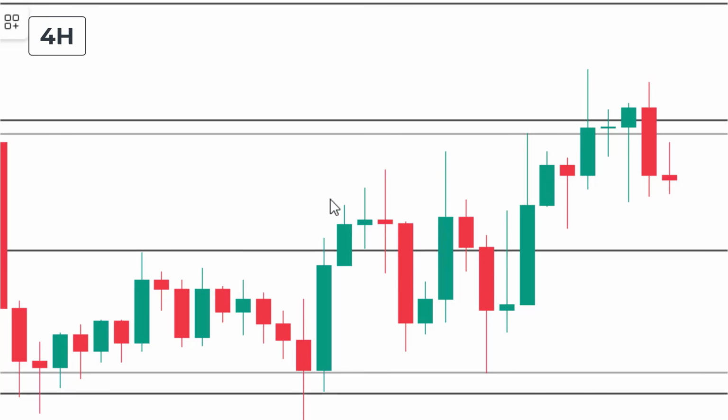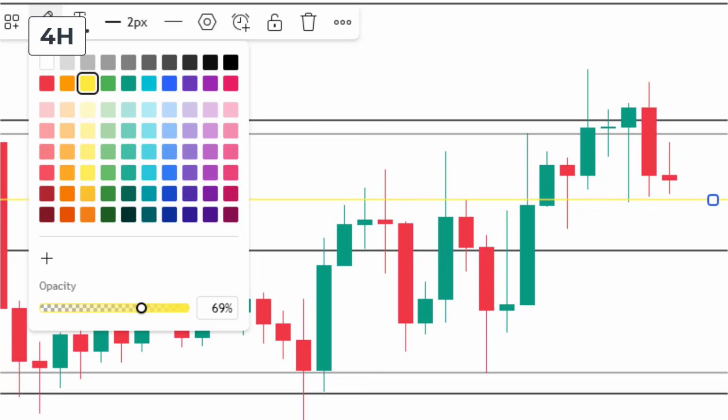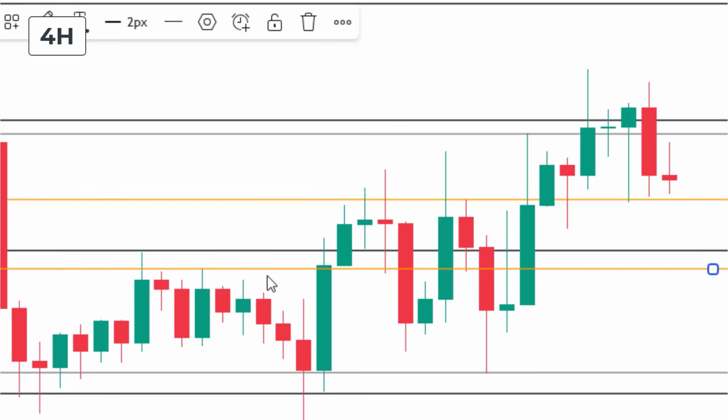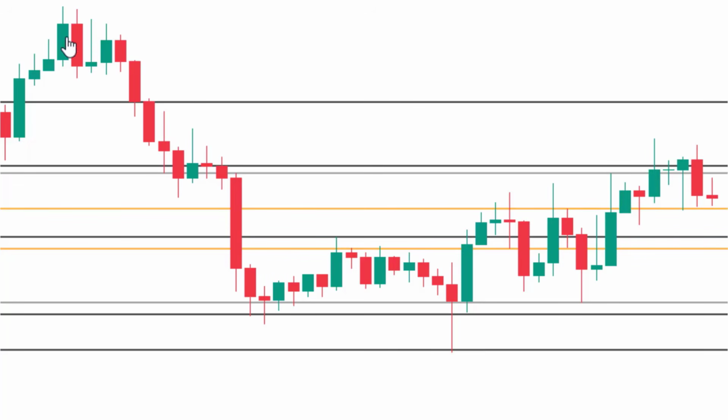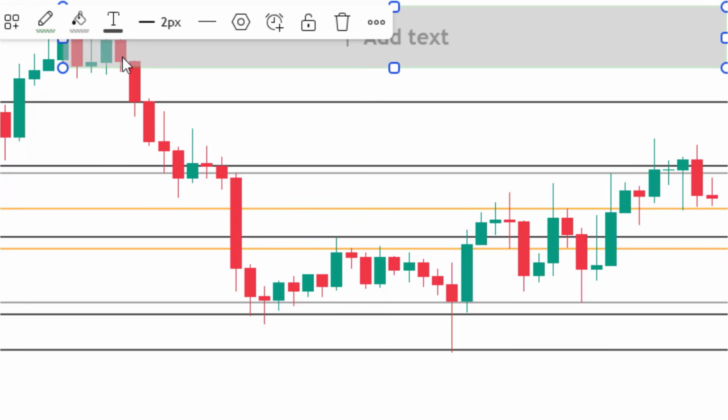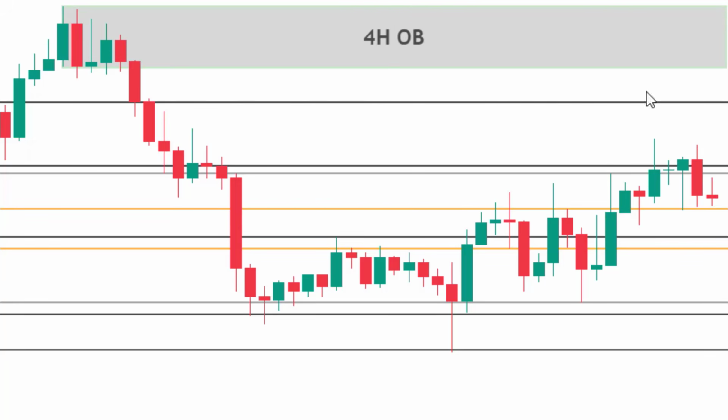We can add a new 4-hour level here and another level here. You can also see we have an order block here. Let's mark that. We also have a 4-hour fair value gap. Let's mark that using a lighter color.